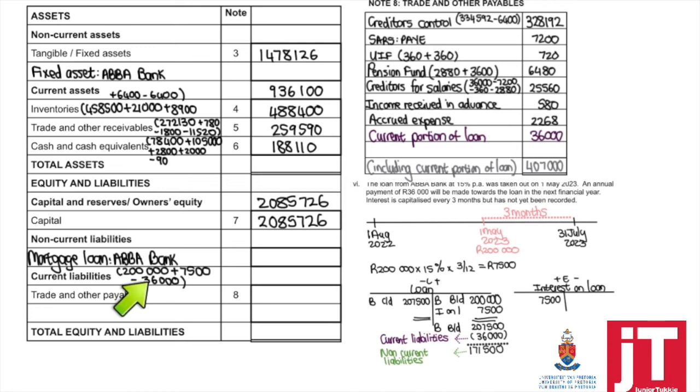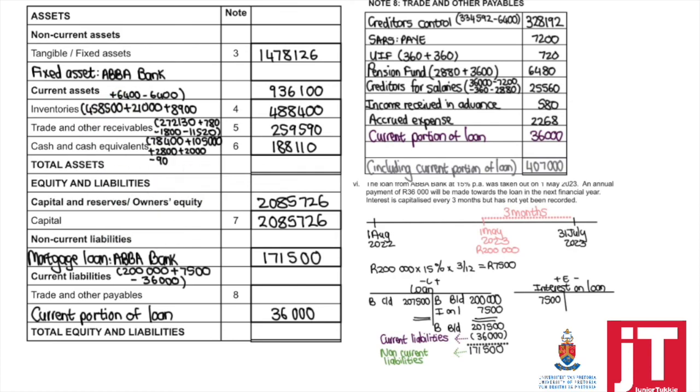Whatever we pay in the next financial year must be subtracted from your long-term liabilities and taken to your current liabilities as current portion of loan, 36,000. Can you see? I'm not showing it as part of note number 8. I'm showing it on the face of the balance sheet.